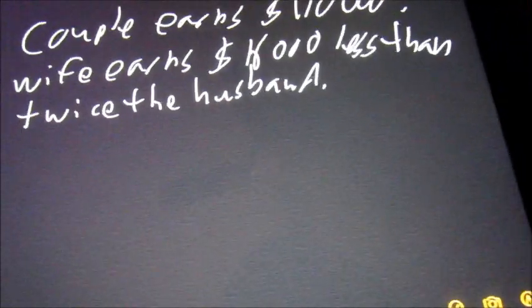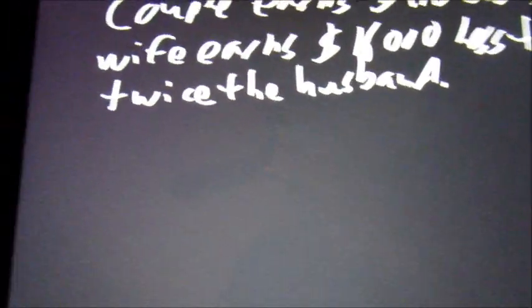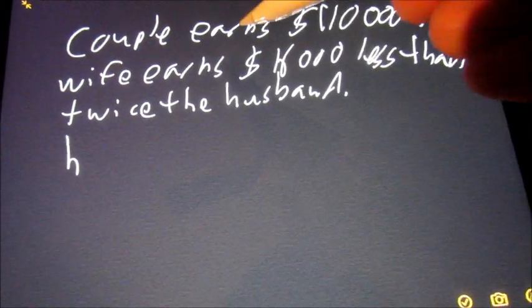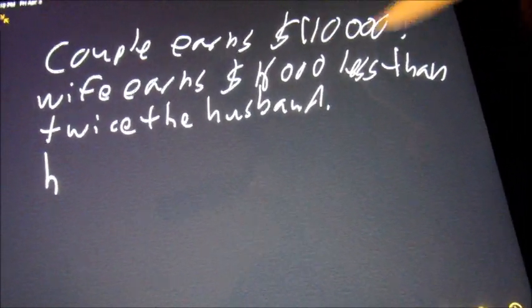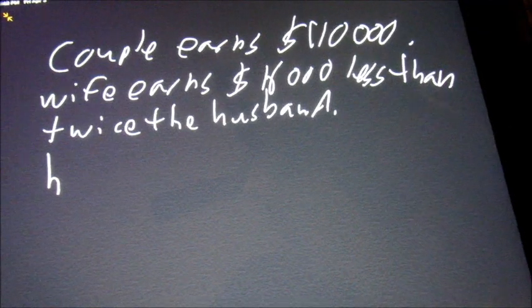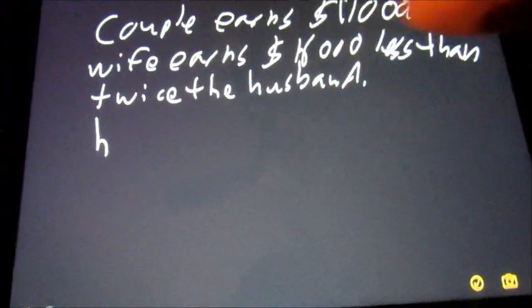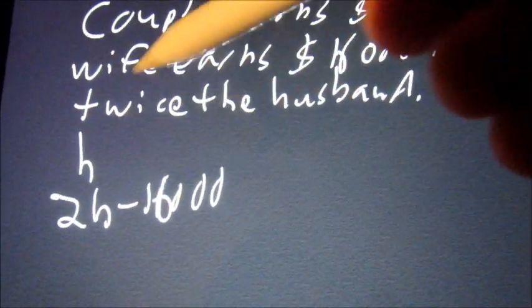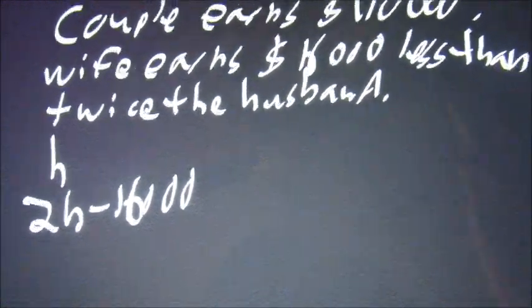So we have absolutely no idea what the husband earns. So I'm going to give the husband H. And the wife earns $16,000 less, which means I'm going to subtract something from twice the husband. So 2H minus 16,000. Together, these two earn 110,000.